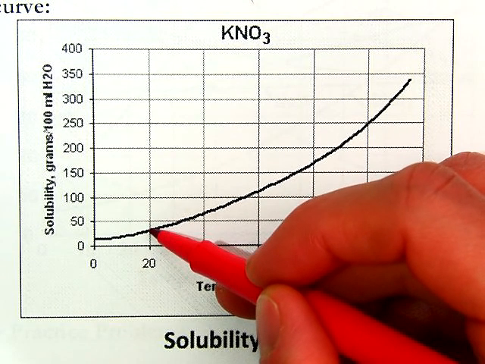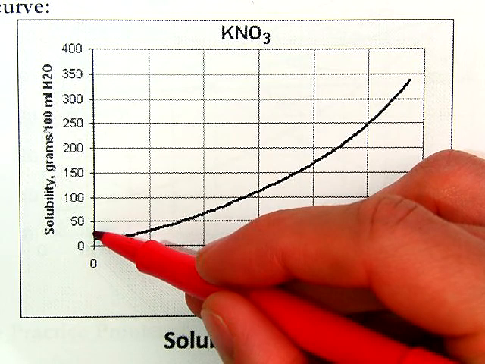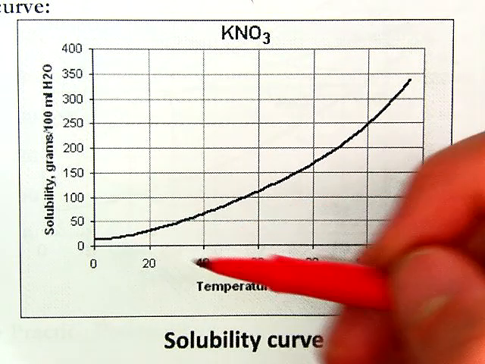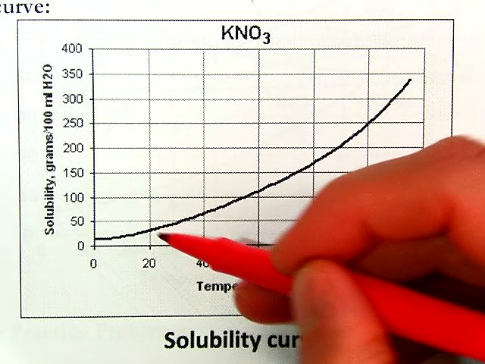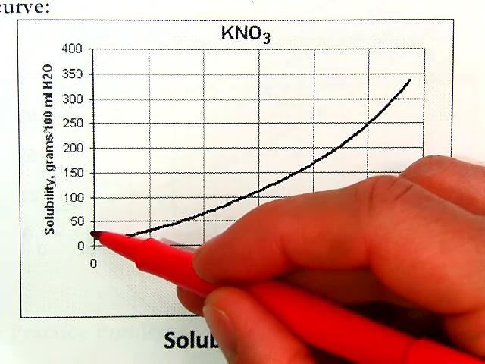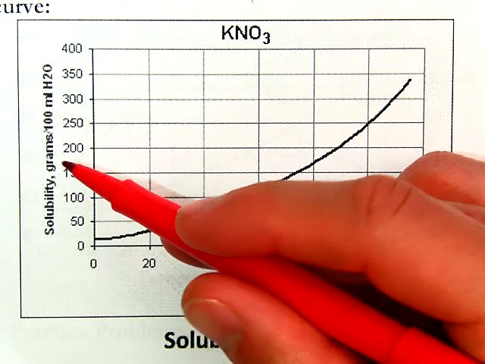At 20 degrees Celsius, you can dissolve maybe about 30, it's probably a little bit over halfway, so maybe we'll say about 30 grams of KNO3 in 100 grams of water.